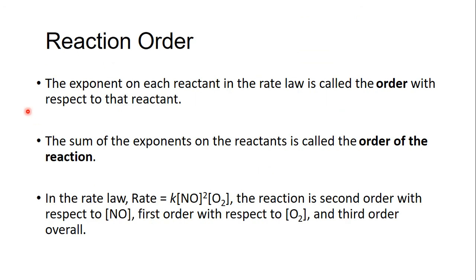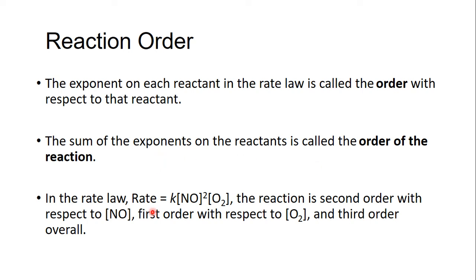Okay, so let's look at the reaction order in a little bit more detail. As I said, reaction order is that n. When you have a rate with a lot of molecules and a lot of exponents, you can add all those exponents together, and the sum is called the order of the reaction.